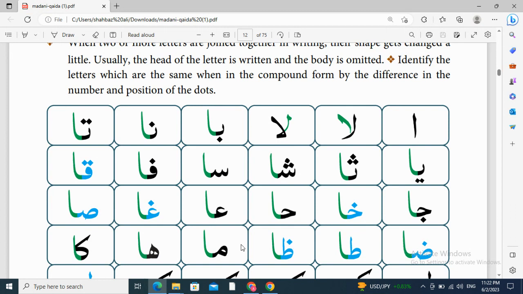Mim alif, mim alif. Ha alif, ha alif. Kaf alif, kaf alif.